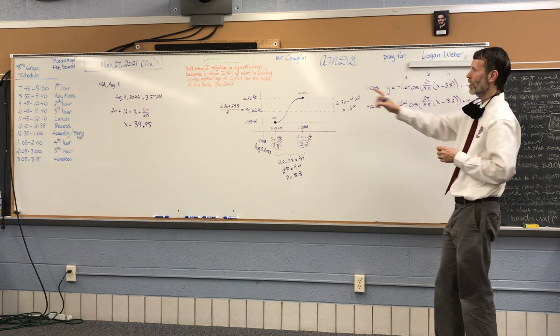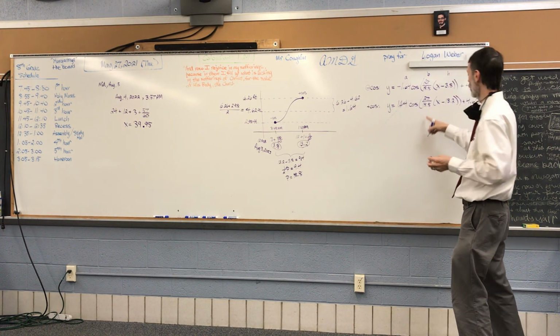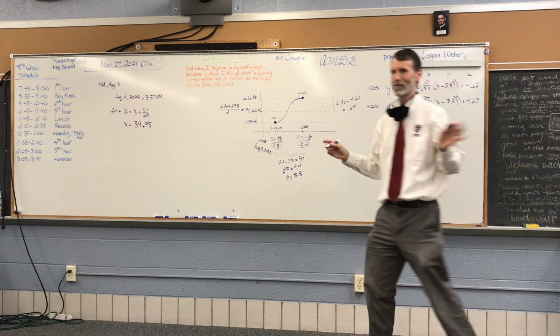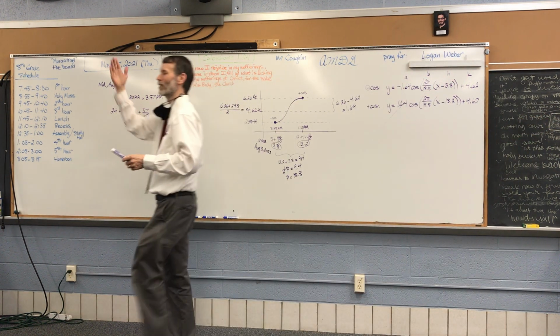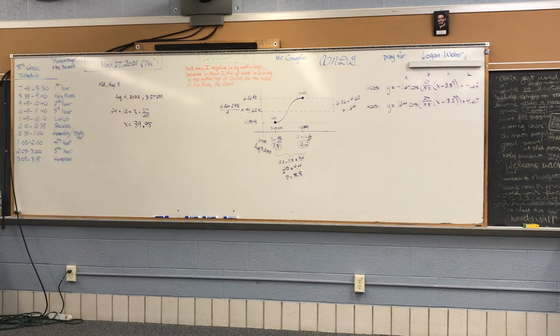If you plug in 39.95 into this or into this, you should get identical answers. In any of the 4 forms, positive sign, negative sign, as long as you have the correct data, you should get identical answers on all 4 of them. So it's relatively forgiving.